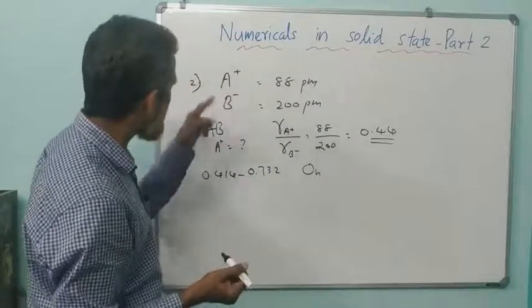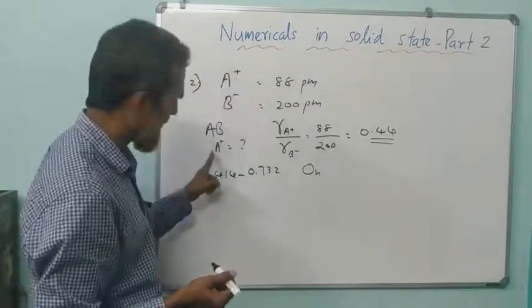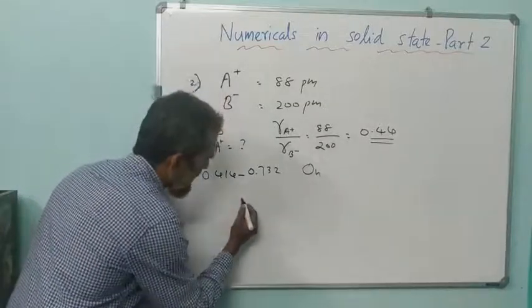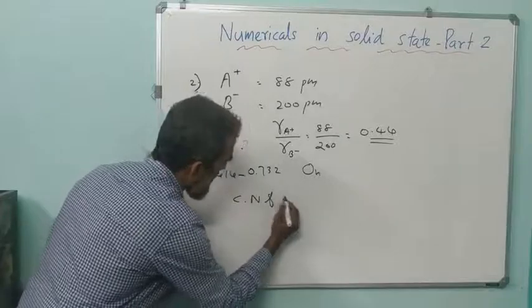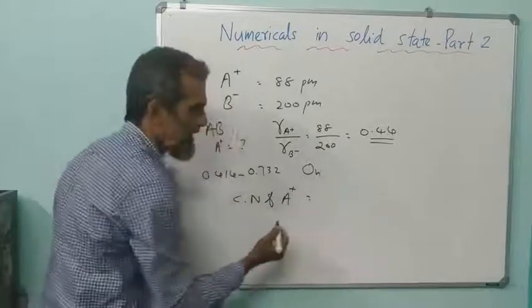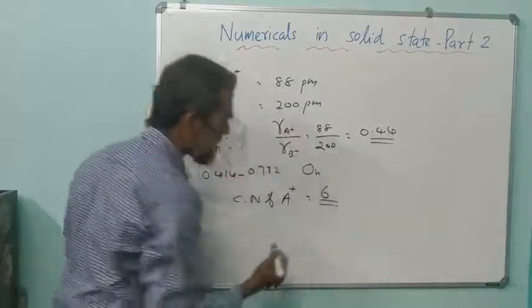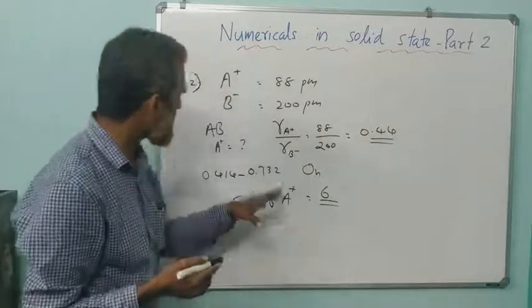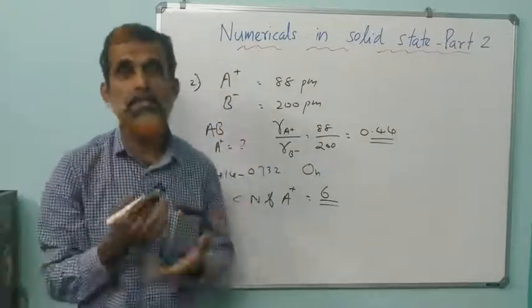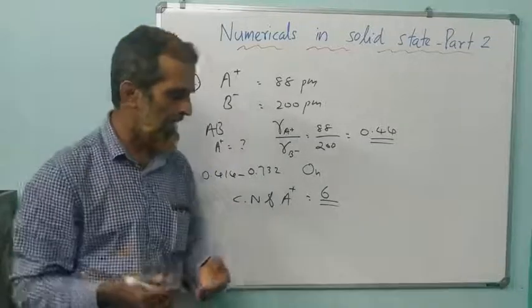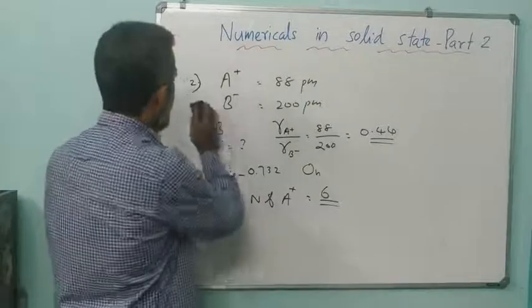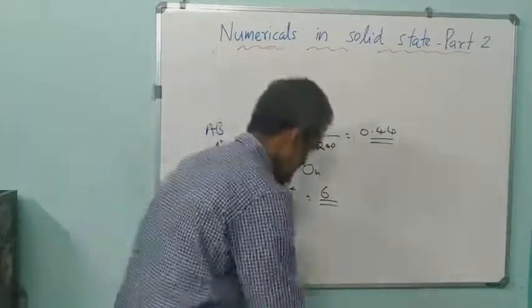So the question is, what is the coordination number of A plus? A plus is in the octahedral void, so the coordination number of A plus will be 6. Naturally, coordination number of B minus also will be 6. So it is 6 is to 6. It is NaCl type structure. Right. Now we go to the next question.